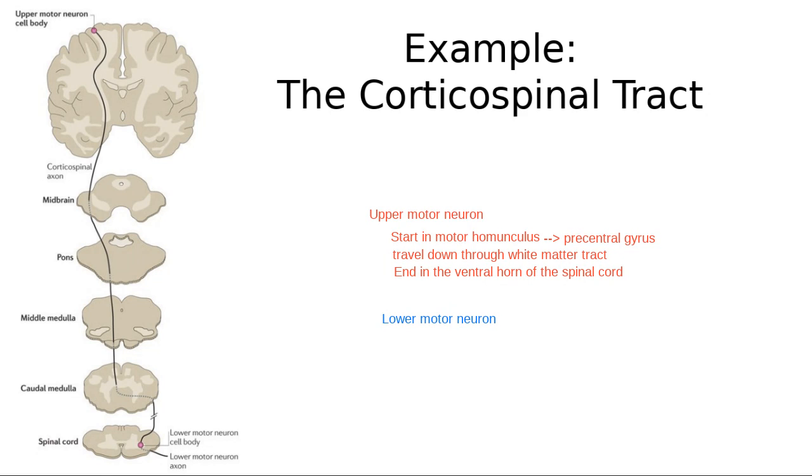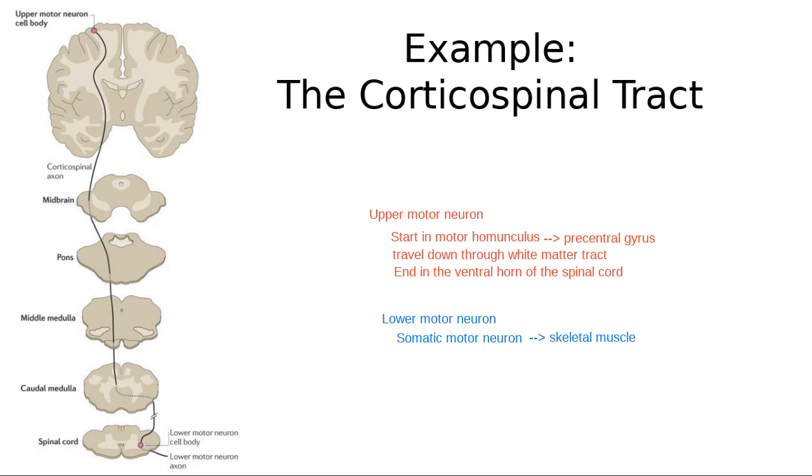So here's my classification for this one. It's a somatic motor neuron. That means it's controlling skeletal muscle. My lower motor neurons start in the ventral horn. So let's write this.